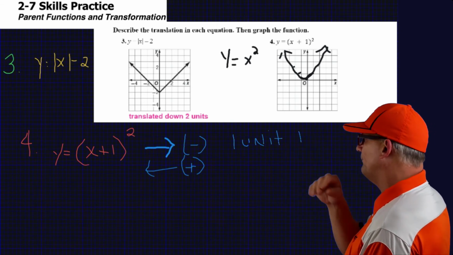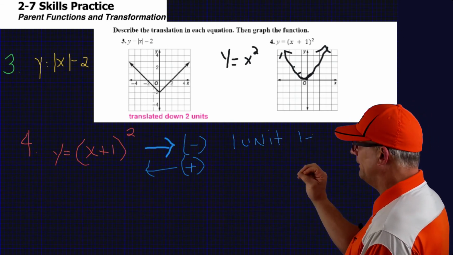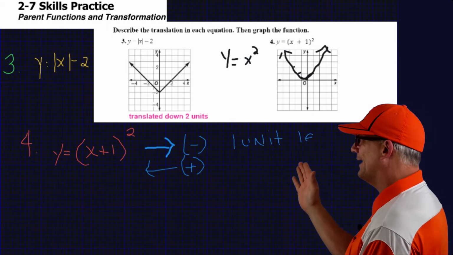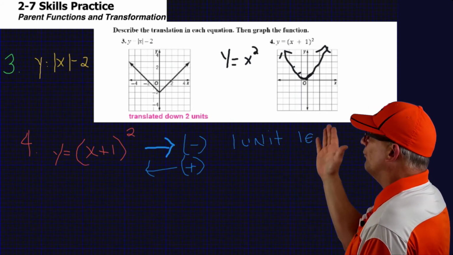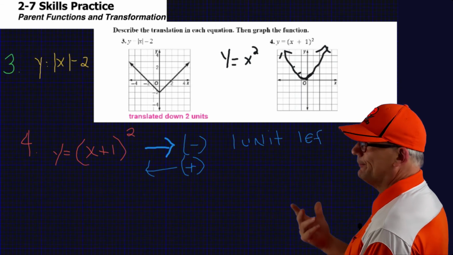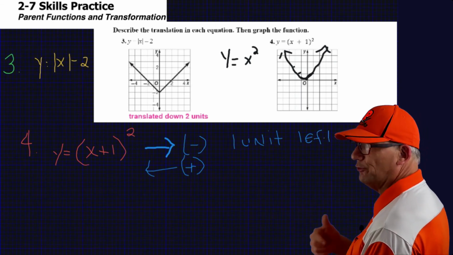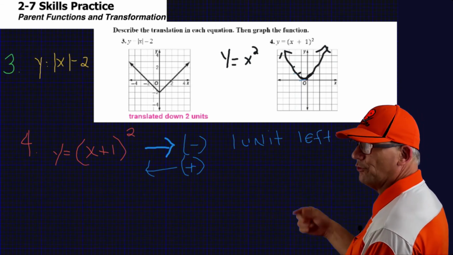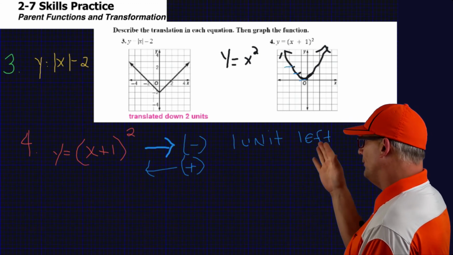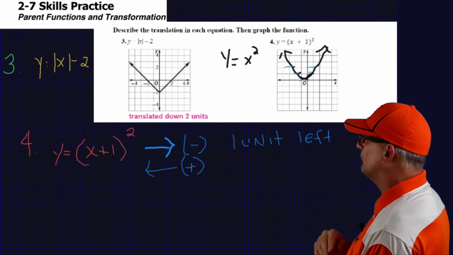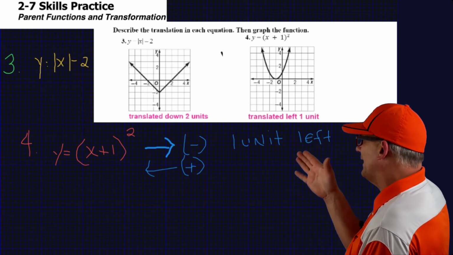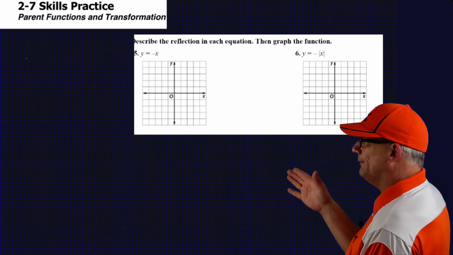So that's the math behind it. So you see +1, we're going to take that entire graph, we're going to move everything over 1 unit. And if we know the parent function, like I just said, it's 0, 0, 1, 1, -2, 4, +2, 4. We know where it starts, we know we can move everything over 1 unit. So it's been translated 1 unit to the left.